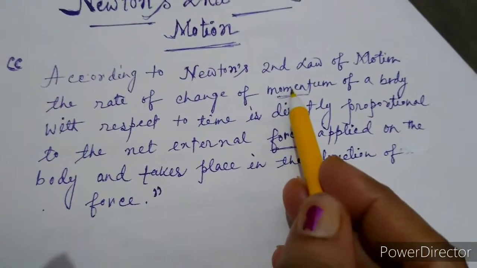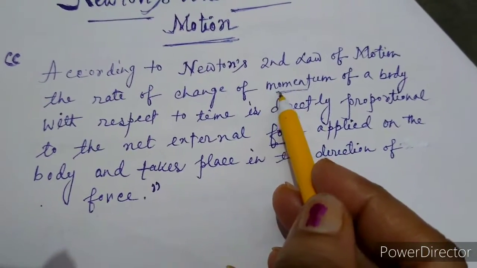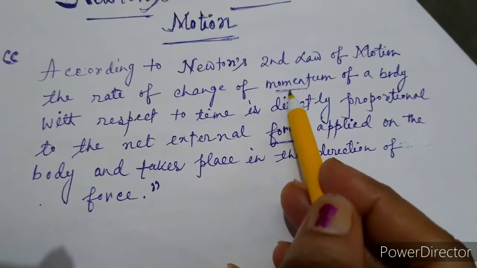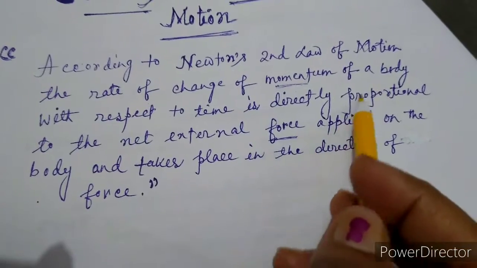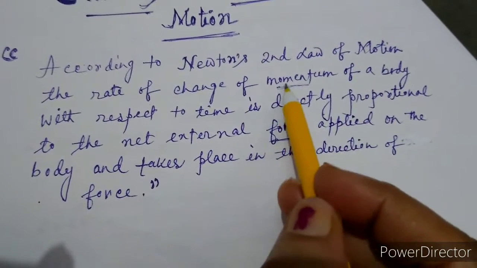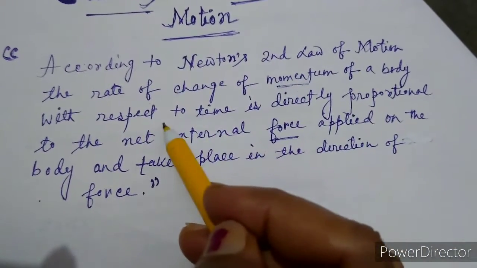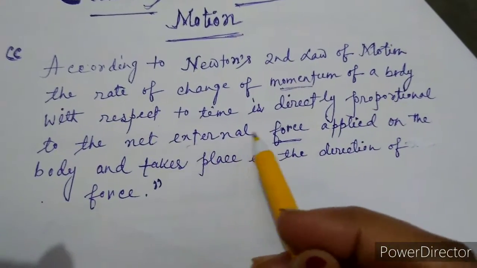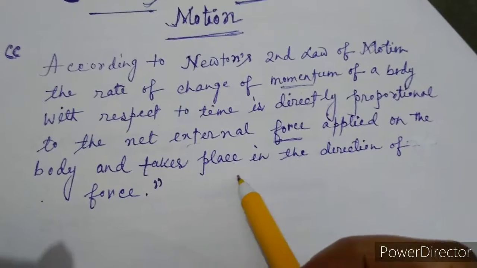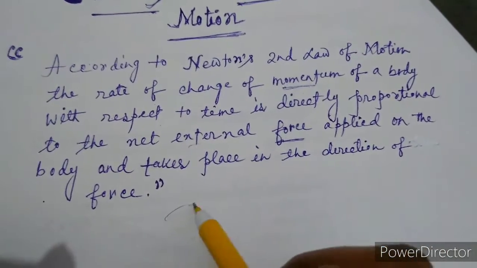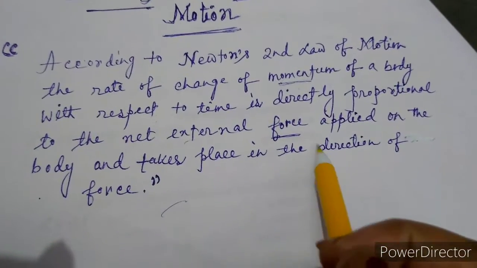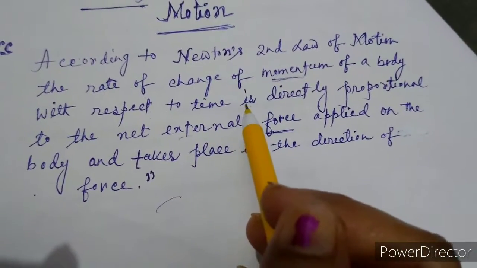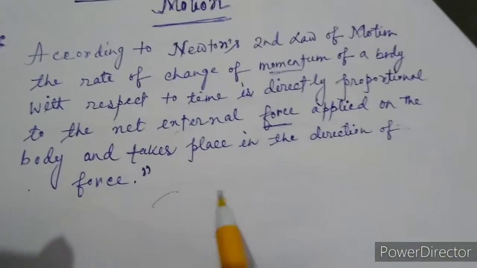So when we say rate of momentum, that means P by t. The rate of change of momentum of a body with respect to time is proportional to the net external force applied on the body and takes place in the direction of the force. So how will we write this in a mathematical expression?